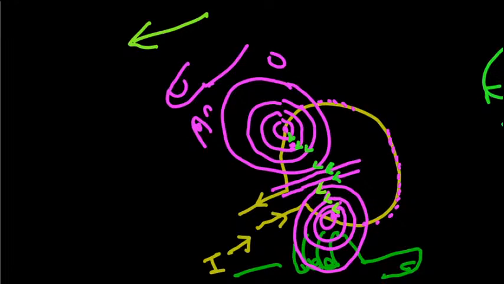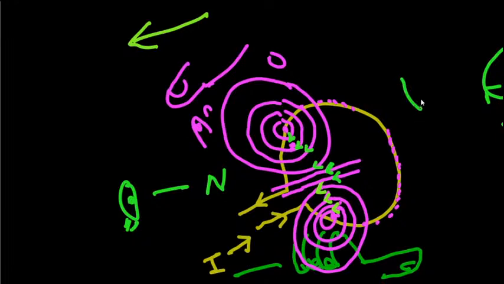We understood that the field lines we always take conventionally to be coming out from the North Pole. Got it? So when I am looking from this side, this face of the loop is behaving like a North Pole because all the magnetic field lines are coming out from this side.